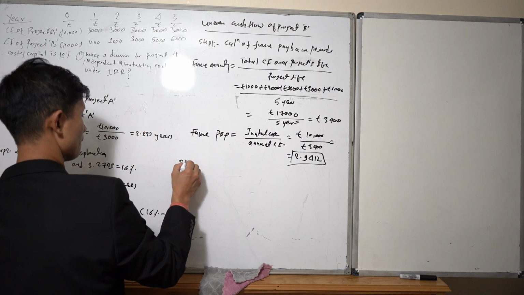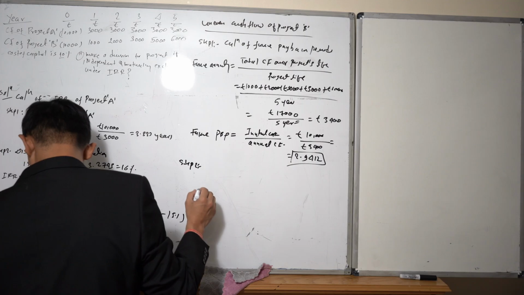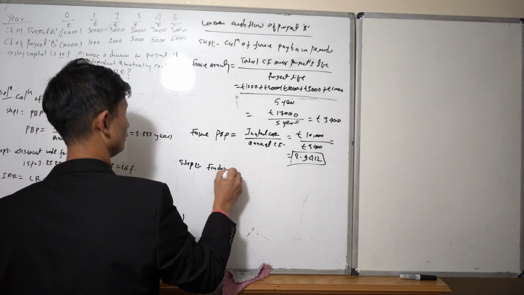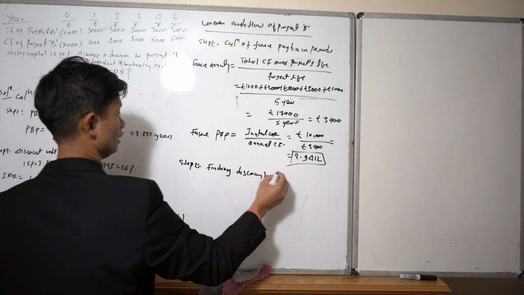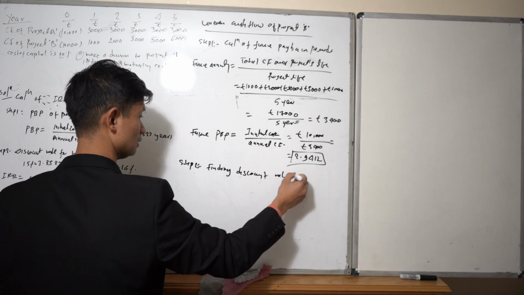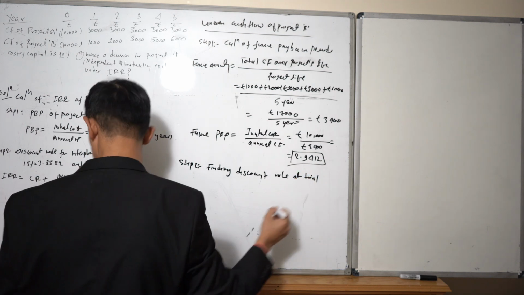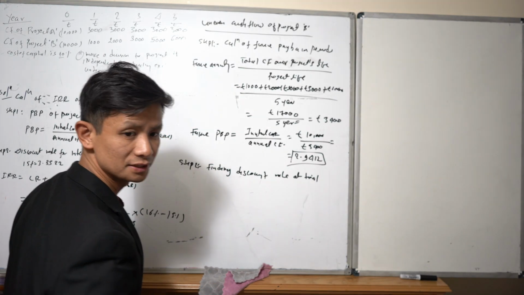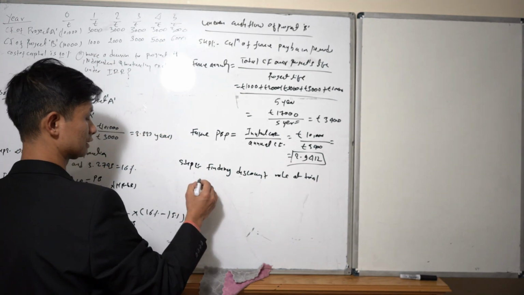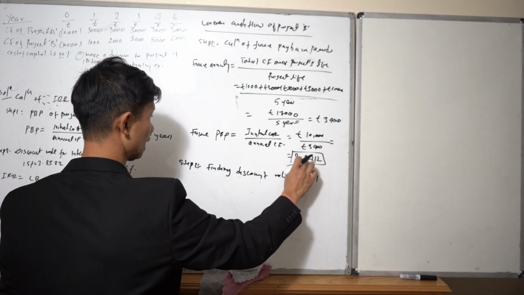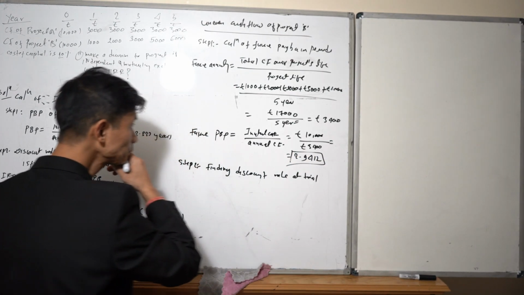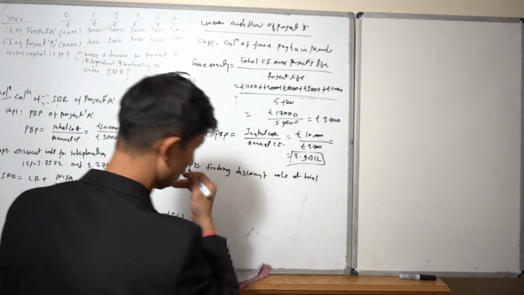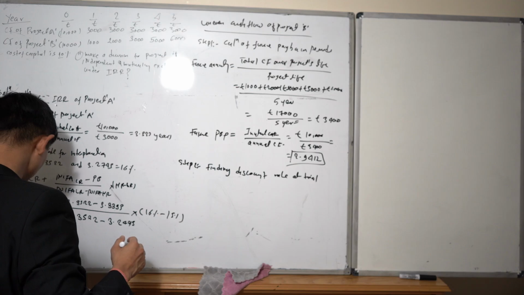Step 2, finding the discount rate at trial. If you look in the financial table, the present value interest factor, this 2.9412 years with number of years 5, you will get the value.